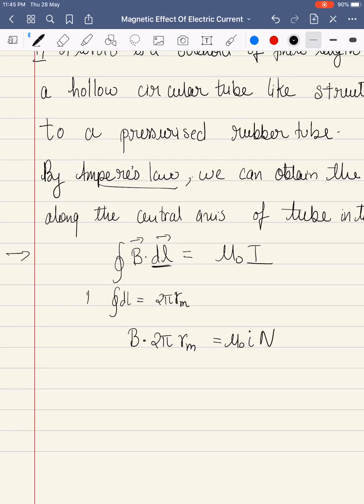Getting it clearly? So capital N indicates the number of turns. So when I say about the magnetic field, we write it as mu naught I N divided by 2 pi r_m. Now 2 pi r_m indicates the circumferential length of the Amperian loop.